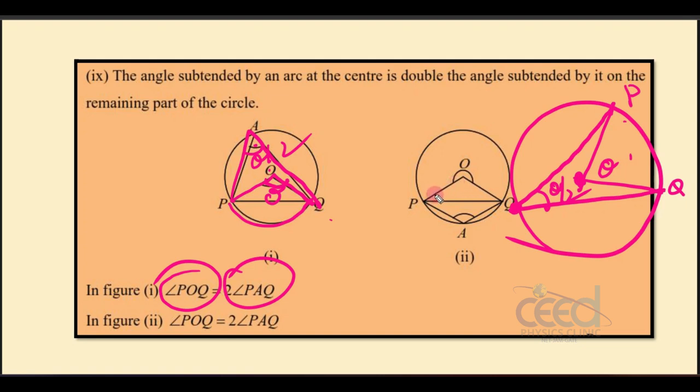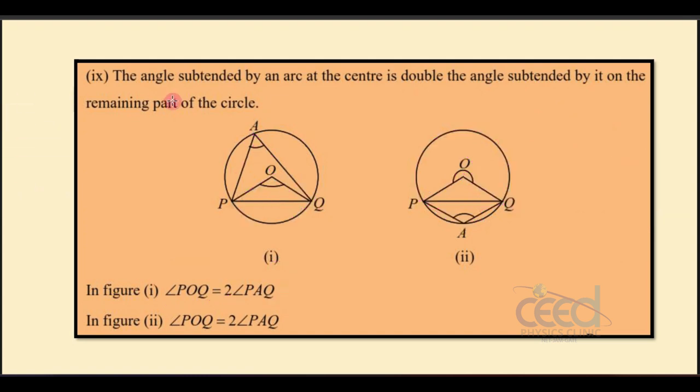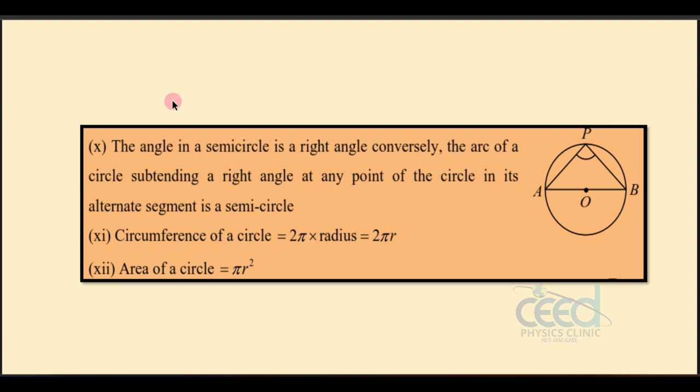Because this is the arc making an angle with the center, and from the same arc we make lines to a common point on the circle. This knowledge is very important. A lot of problems in section A ask this kind of question.